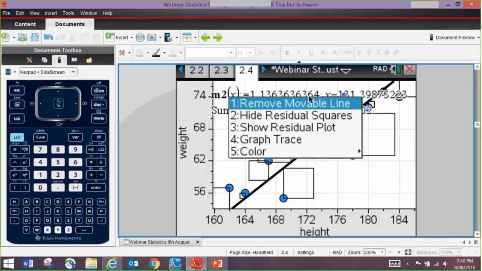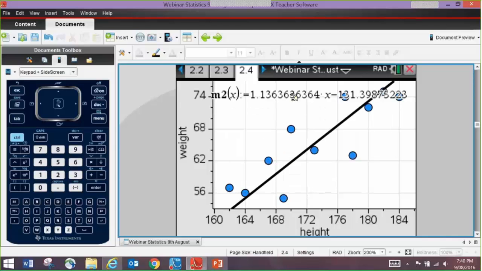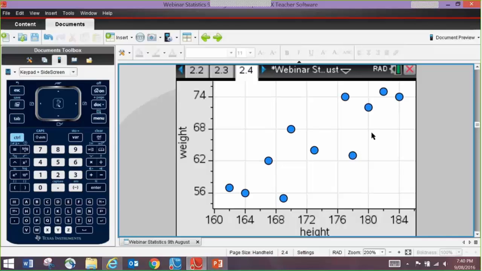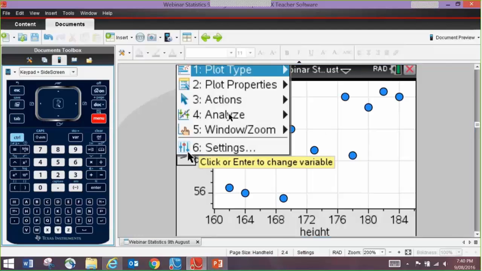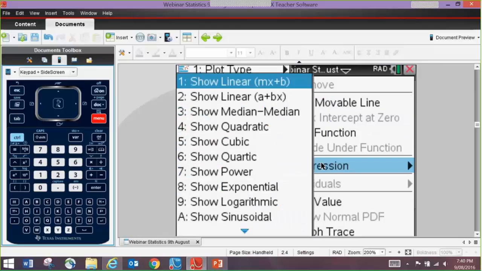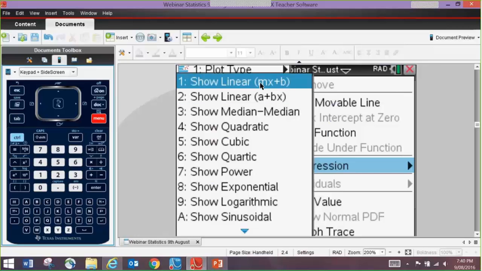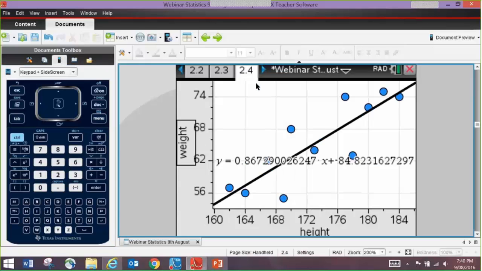I can hide those back again and move the movable line, so they can have a go at trying to fit a least squares regression line. But of course we can actually show the regression line, and you can use either of these. Those of you that also teach VCE Further Maths will know that we like to use a plus bx, but for IB we tend to use mx plus b.